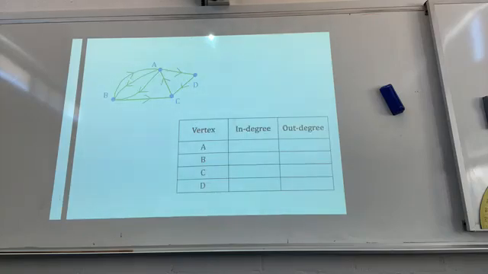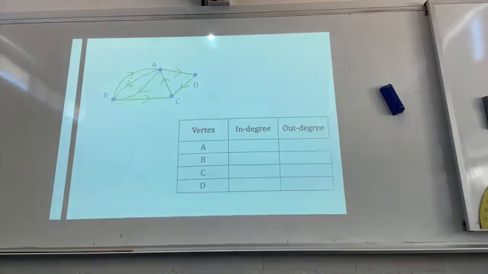All right, now here, if you look at this, vertex A. How many in degrees are there? 2. In? 2. Yes, because you've got B to A and C to A, all right? You've got to look at everything. How many out degrees? 3. 3, because A can go to B twice, A can go to D once.